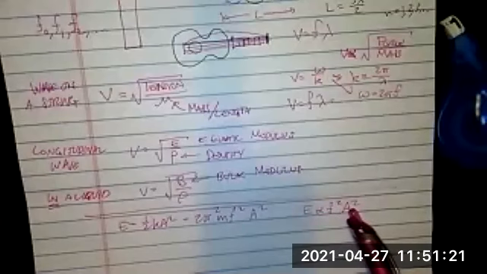Okay, that's a really big deal. That means the energy of a wave is proportional to the square of the frequency and is proportional to the square of the amplitude.